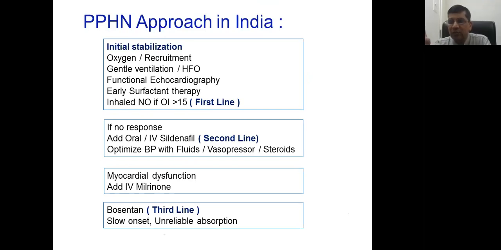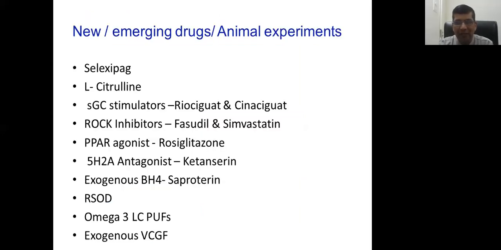That series has 6 books, and one book is on neonatal cardiology. The book this year will be neonatal hemodynamics, and Professor Martin has requested our team to write on hemodynamics in developing countries. This is the chart we have proposed for pulmonary hypertension management in developing countries, especially where we lack those resources.